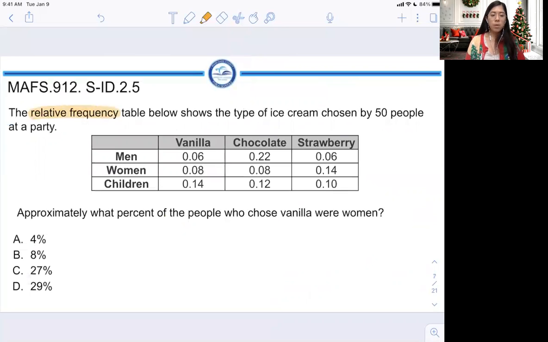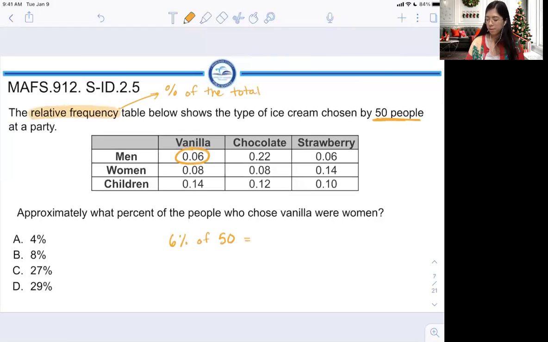Okay, so a relative frequency table is a little bit different because what it does is it shows you the percent of the total. We know that there were 50 total people. So for example, where it says 0.06, that means 6% of 50.